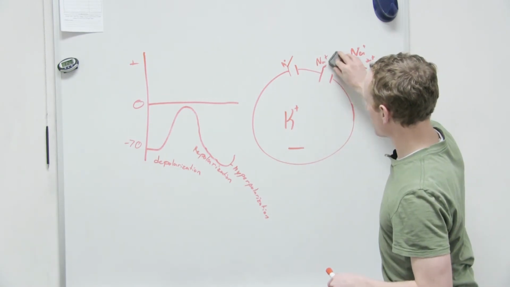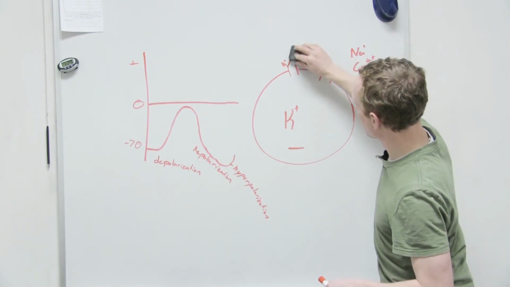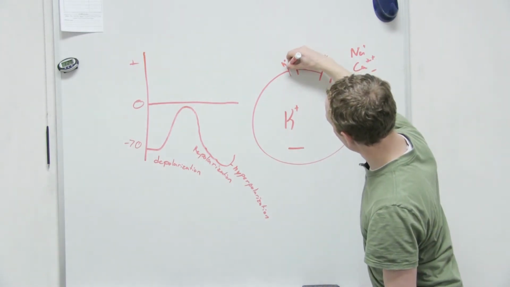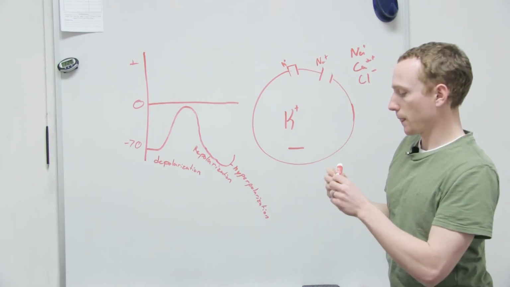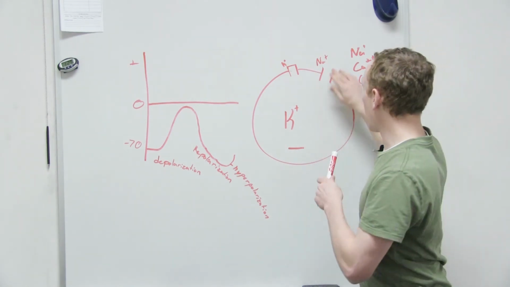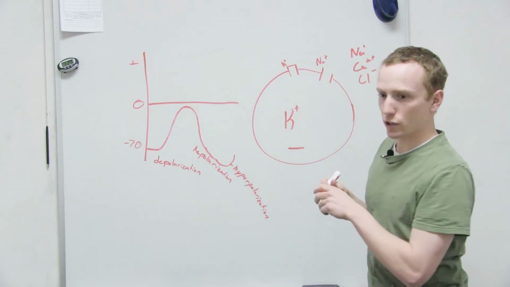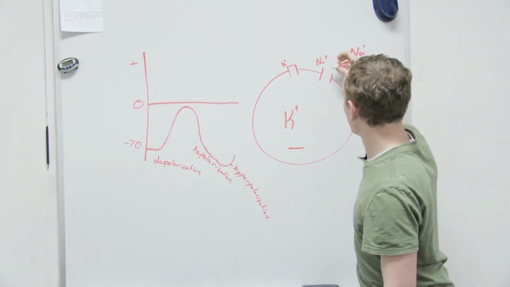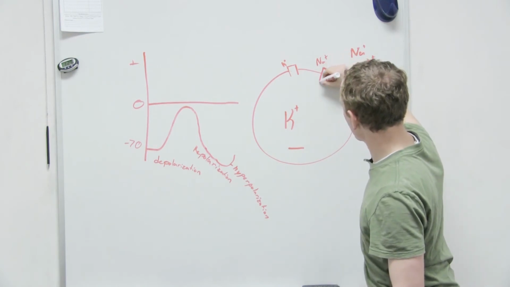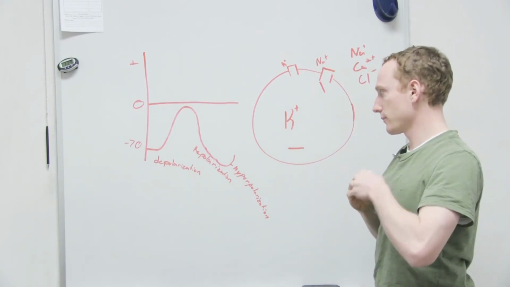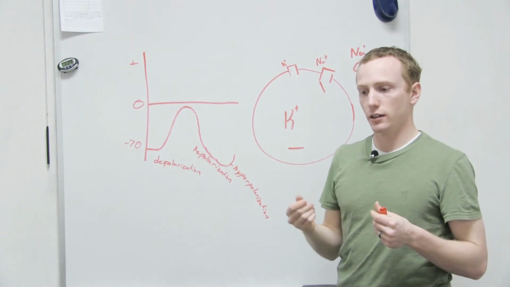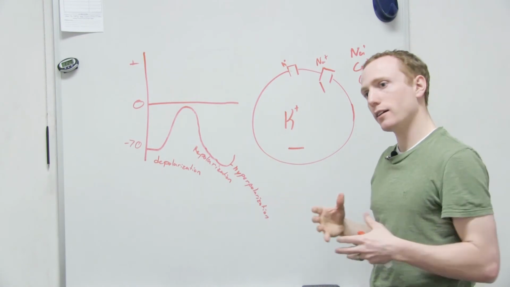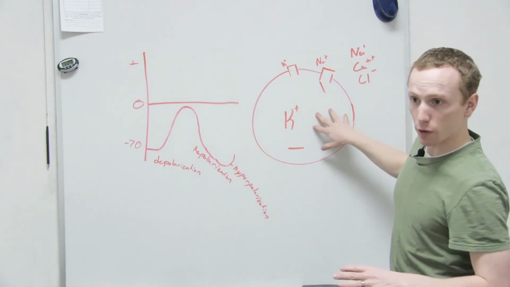I'm going to go back to these gates real quick. To have these gates open, we have to have some sort of event happen to start it. Sometimes there are gates that are stretch activated, meaning if you put pressure on it, it opens up the gate, and then it starts a depolarization.